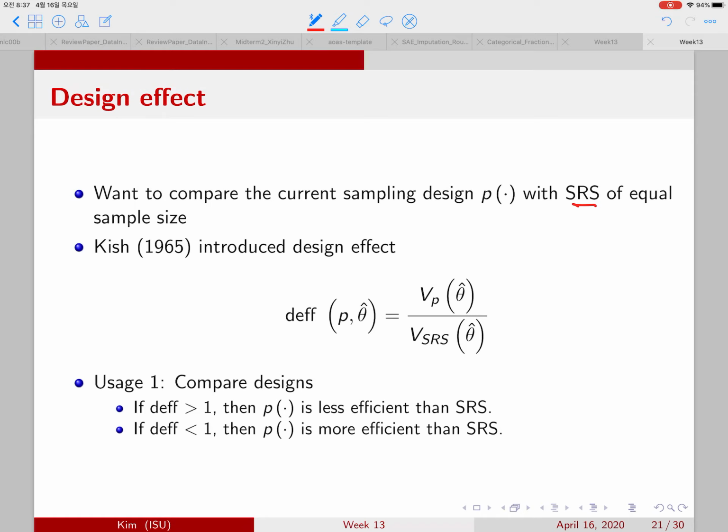The design effect of a particular sampling design P is the variance under the current sampling design divided by the variance under simple random sampling with the same sample size. If the design effect is greater than 1, the variance in the numerator is larger, which means the current sampling design is less efficient than simple random sampling.